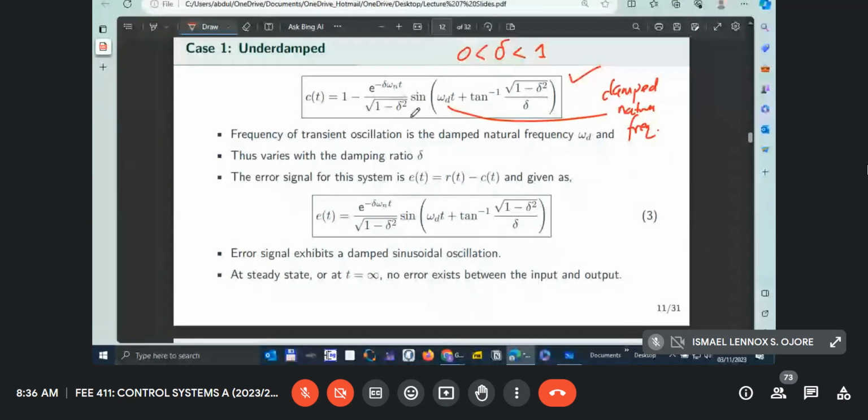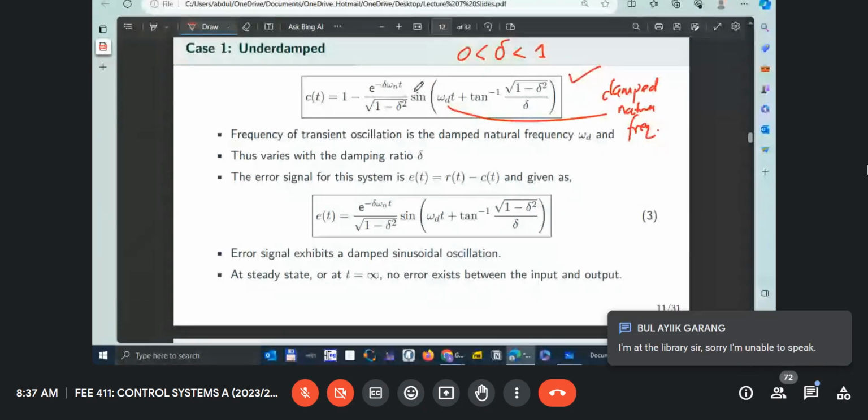So we can see that for this response, we have some oscillations. And these oscillations depend on what? They depend on the damped natural frequency, which we just defined on the previous slide, which is omega d, right? And this is because of that sine.